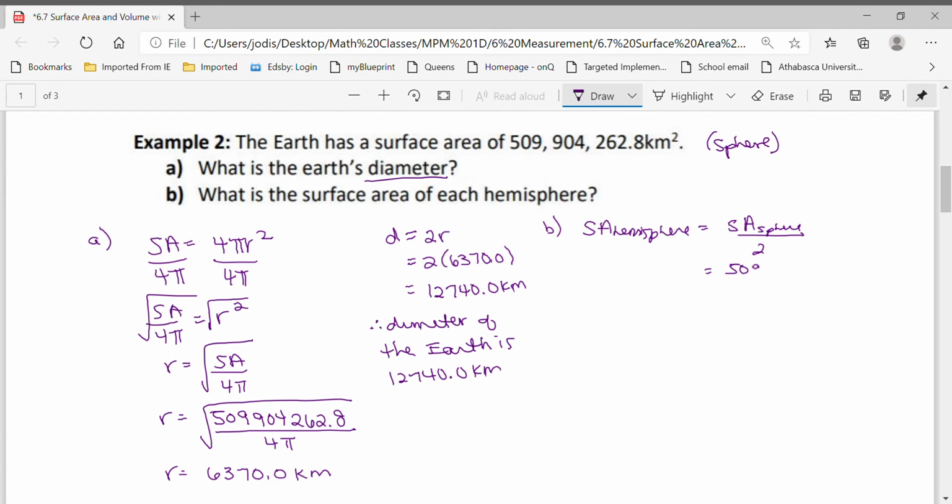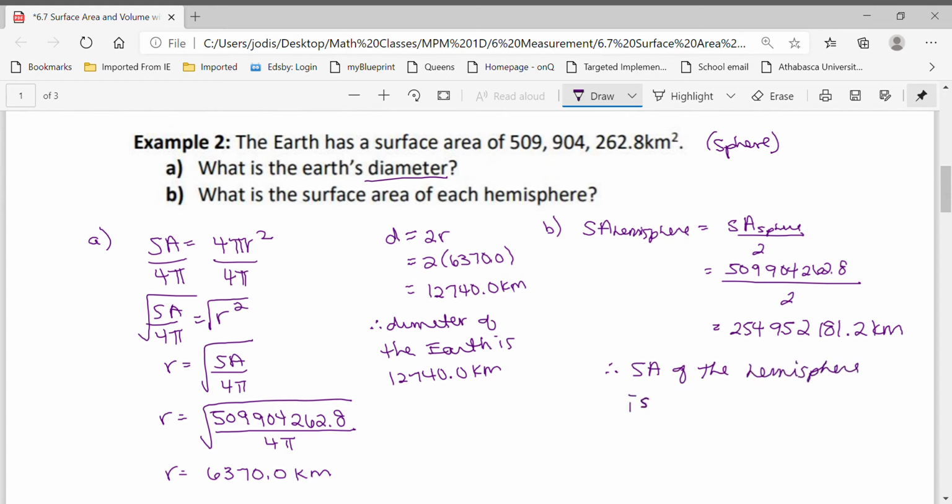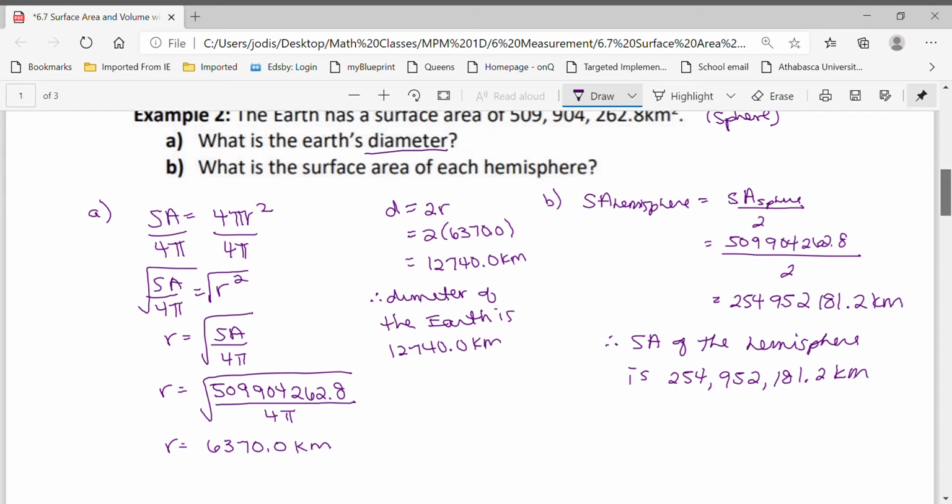So we're going to take our giant surface area, divide it by 2, and we get 254,952,181.2 kilometers squared. Right, so therefore surface area of the hemisphere is 254,952,181.2 kilometers squared. Whew, that was a lot of words.